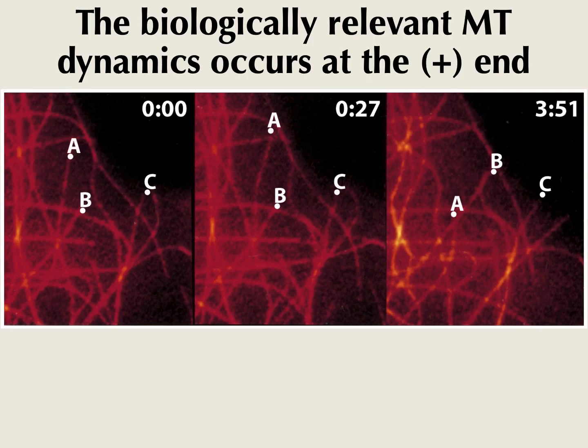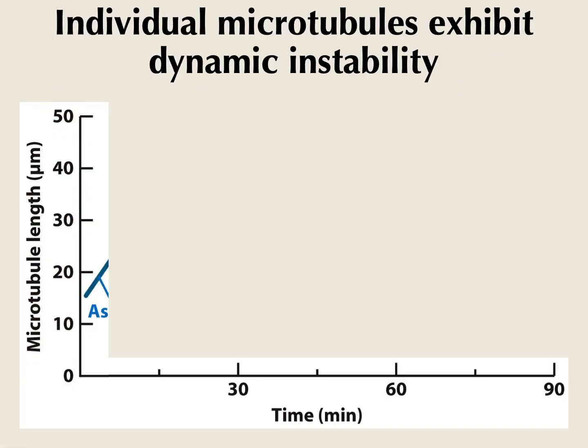So indeed, in fixed cells, you would see, for example, here A is growing, and then eventually, a few minutes later, shrunk. B just keeps growing, and C doesn't do much. Okay, so if you plot these dynamics for individual microtubules, this is how it looks.